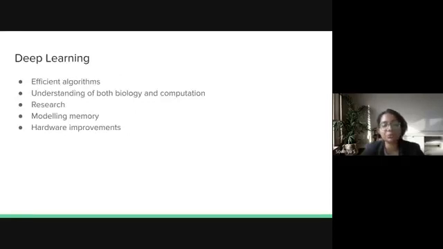And what we want to move towards is efficient algorithms, understanding of both biology and computation, interdisciplinary research, modeling memory of human beings. So, actually, in the classical AI part, there was a lot of focus on memory.